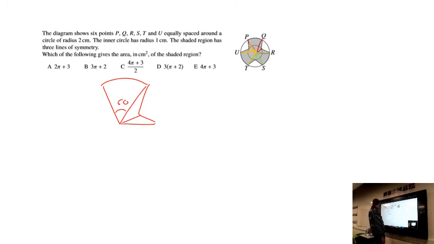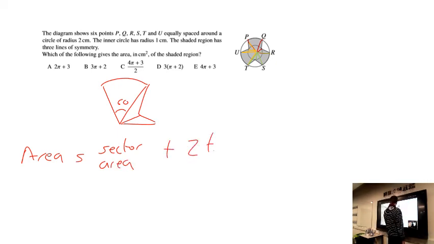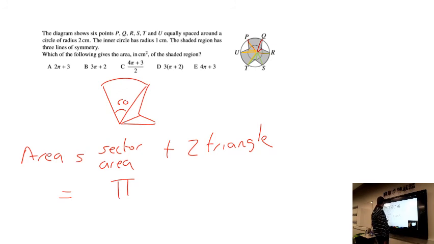So the area of one part is the sector area plus 2 times the triangle. The sector area is going to be pi r squared, where r is 2, times 60 over 360 for this angle here.